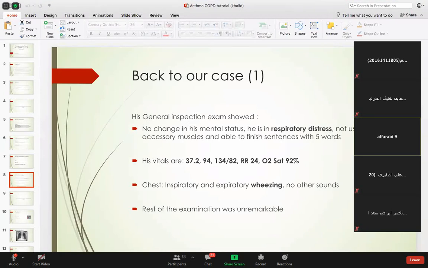So the general inspection was a little bit reassuring. Vital signs show a temperature of 37.2, heart rate of 94, blood pressure of 134/82, respiratory rate of 24, so he is tachypneic, saturation is 92, so he is on the lower side of normal. Chest: inspiratory and expiratory wheezing, no other sounds. The rest of the examination was unremarkable, okay?